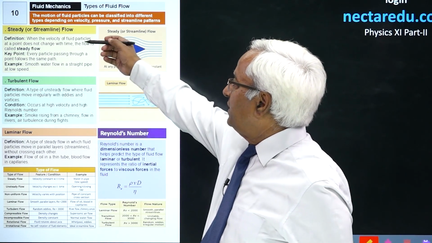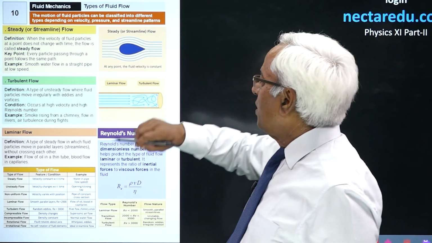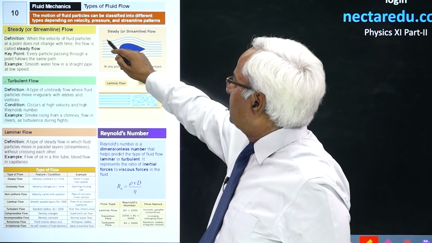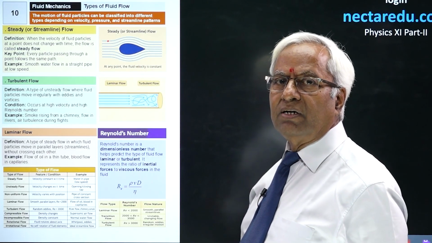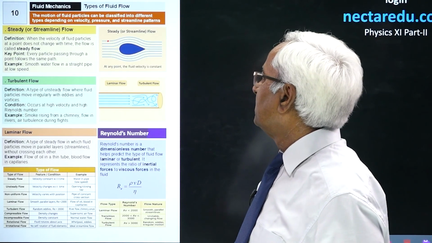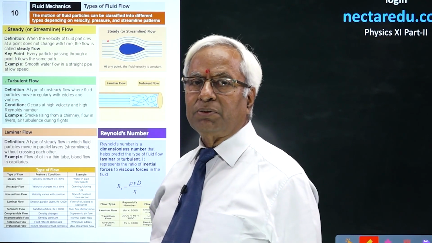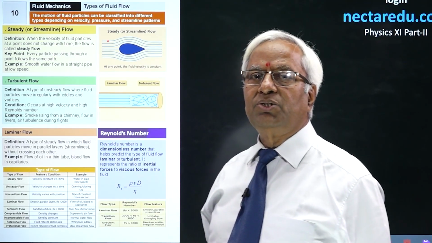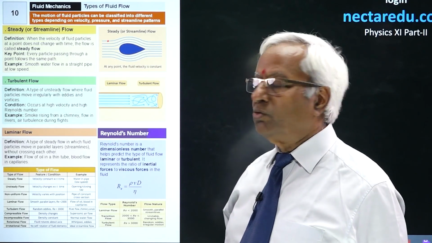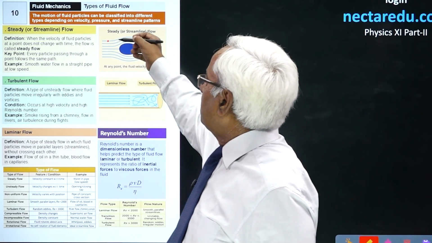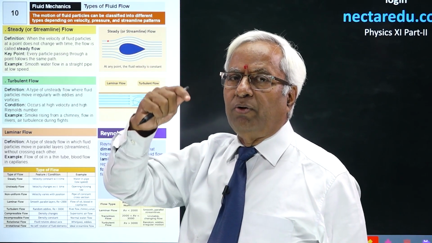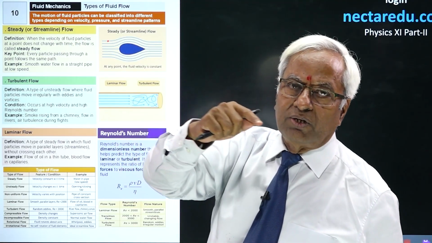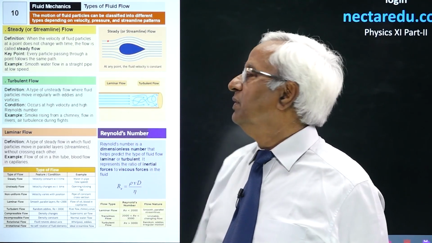In steady or streamline flow, all the liquid that passes through a point will always have the same velocity. That means the speed at any point doesn't change with time. This could also be defined by saying that every particle passing through a point will follow the same path.